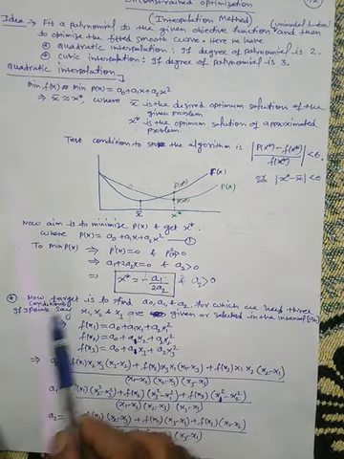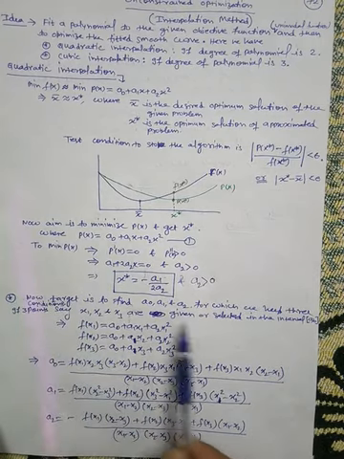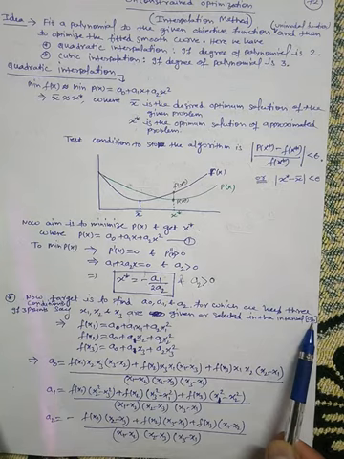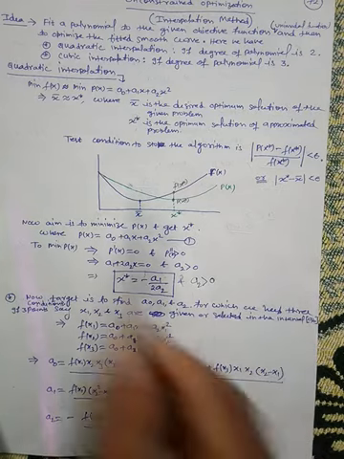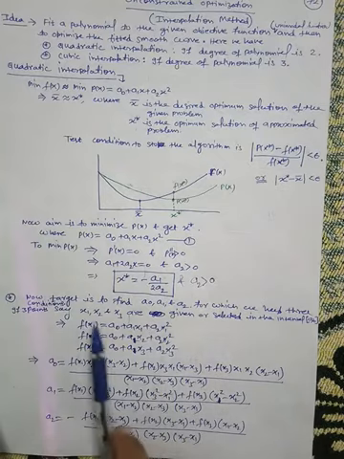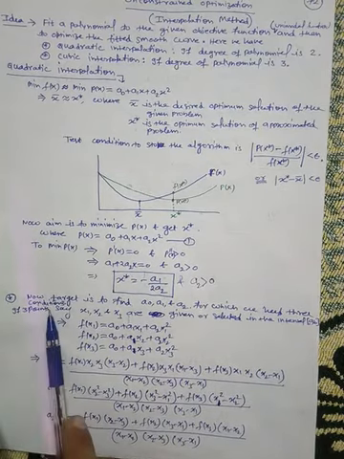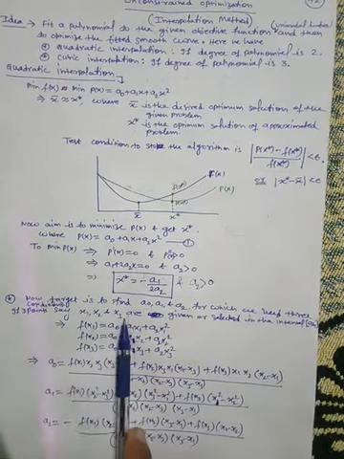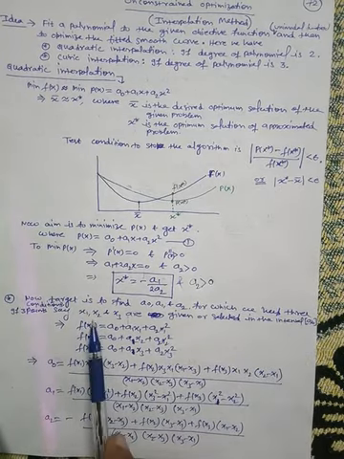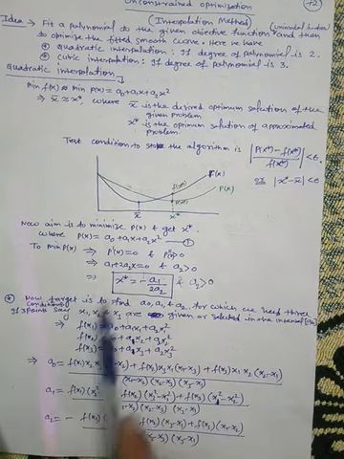If three points, say x1, x2, x3, are given or selected in the interval a to b, where a to b is the domain of this problem, then these three conditions are associated with the three points, and we can use these equations.